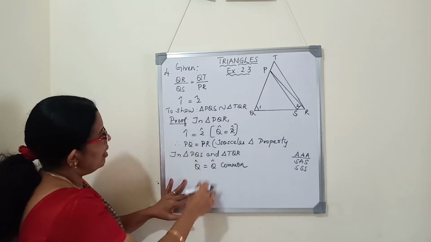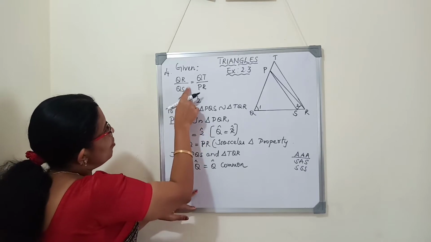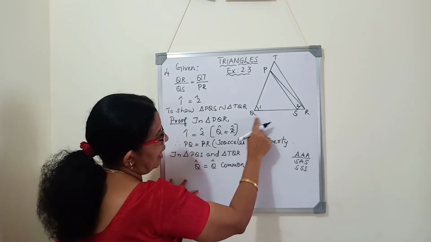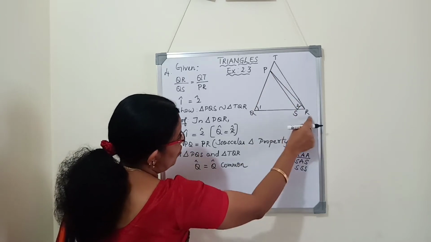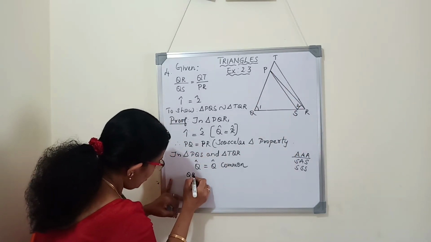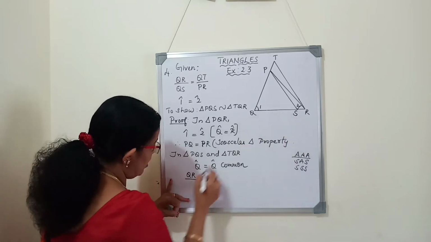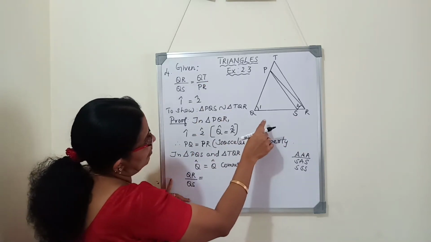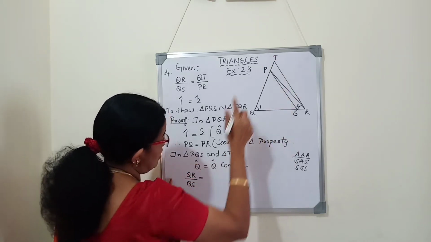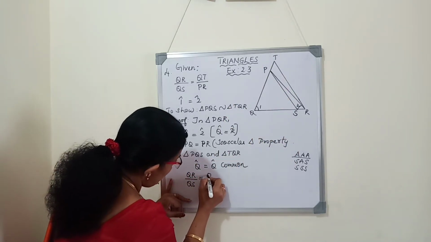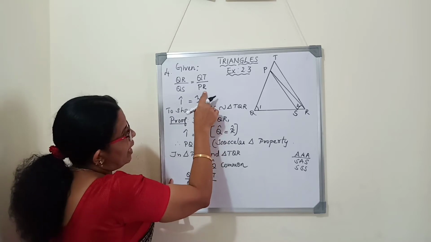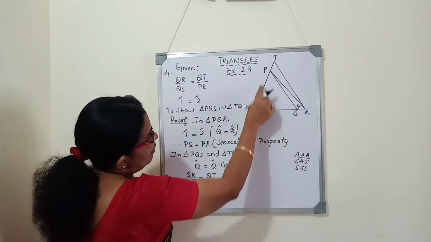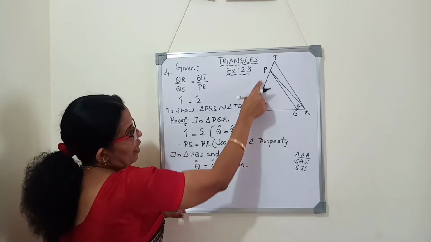Now next, it is already given that QR by QS. QR is the bigger triangle side, that is TQR. QR by QS, where QS is the smaller triangle side, is equal to QT, the side of the bigger triangle, by PR. It is given PR. But PR is not the smaller triangle side.